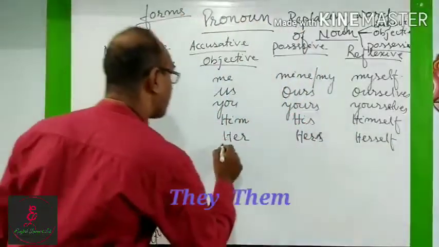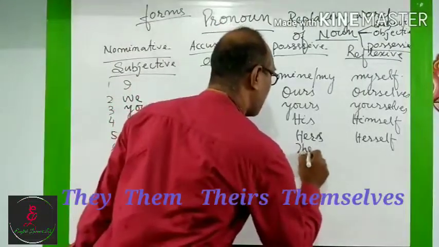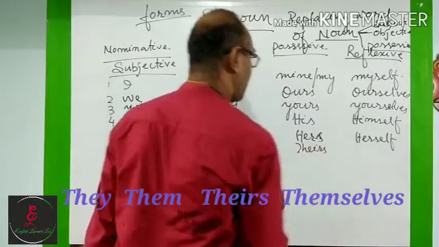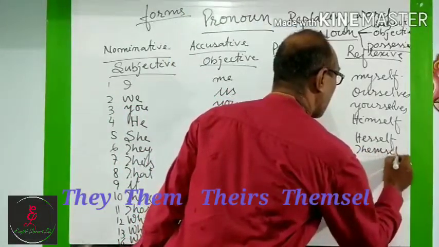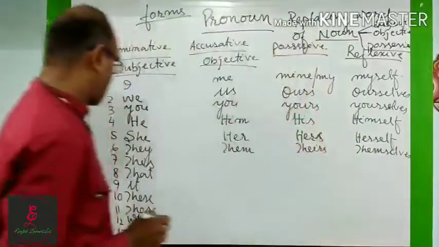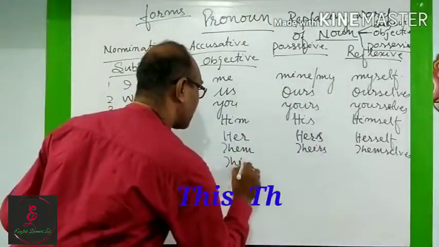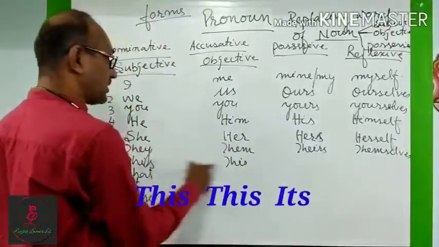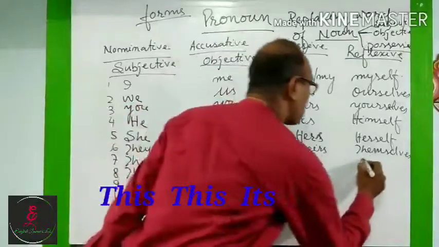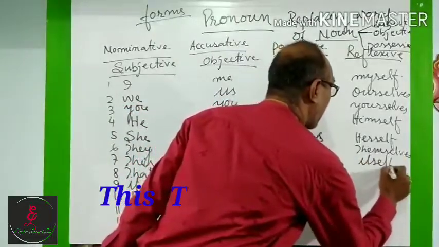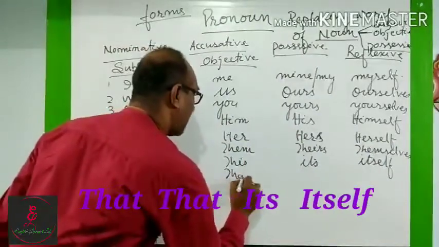For they, them, theirs, themselves. For this, it is this. The objective form of this is also this. Then its, itself. For that, that, its, itself.